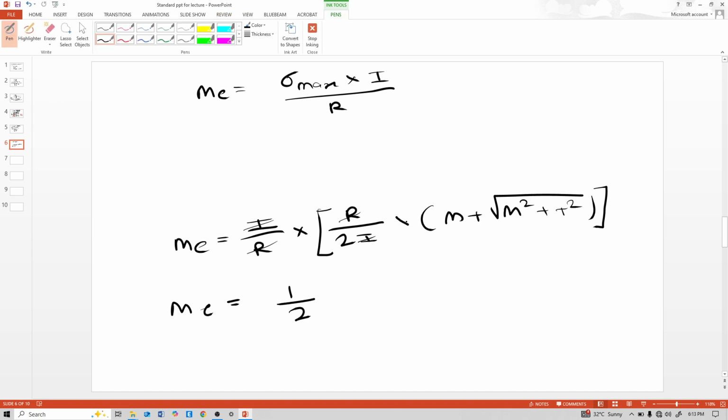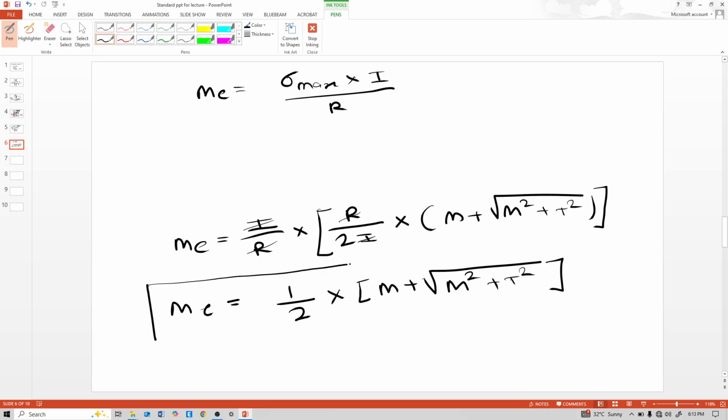This is multiplication. So 1 by 2 multiplied by M plus under root of M square plus T square. So this is the equivalent bending moment equation.